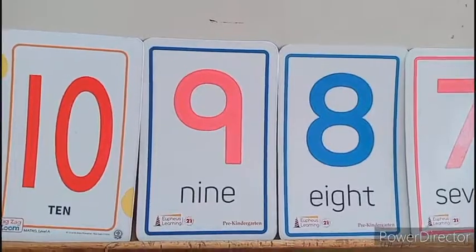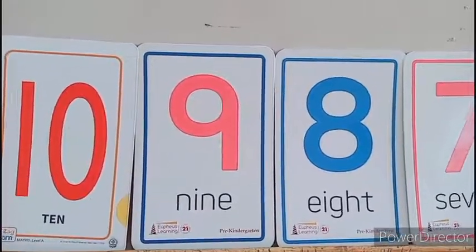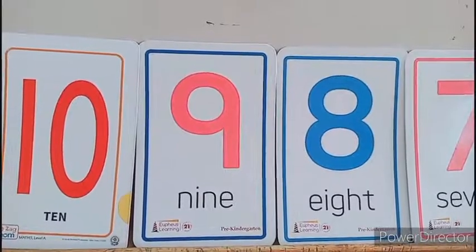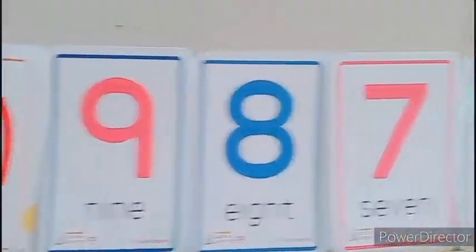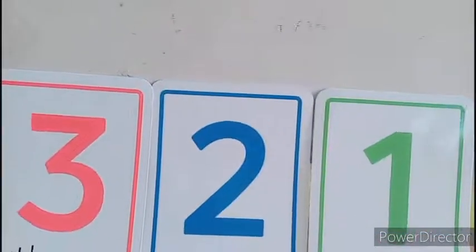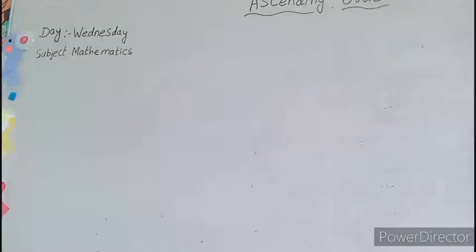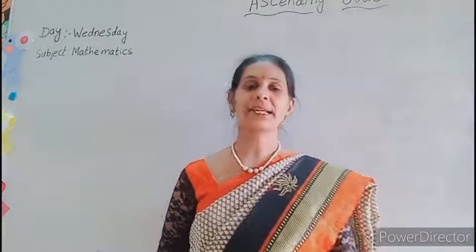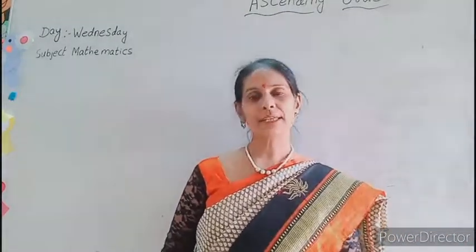I hope you have understood descending order also. That is 10 to 1, greatest number to smallest number. I hope you have understood what is ascending and descending order.